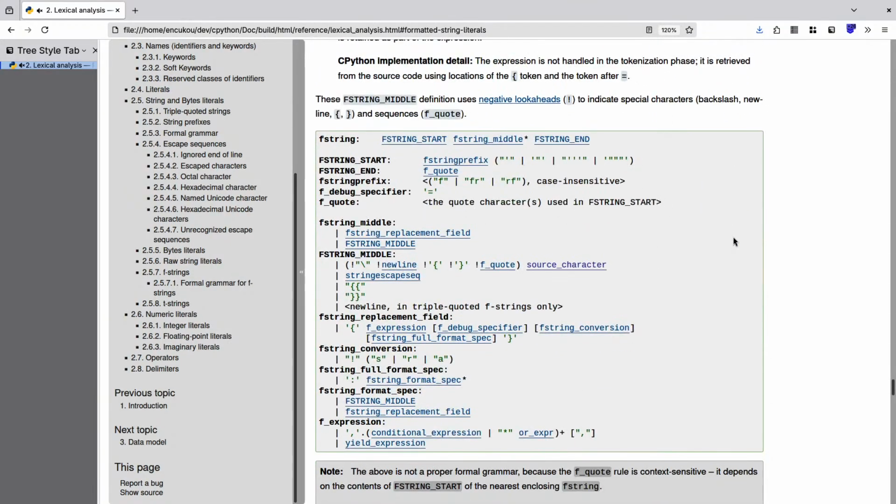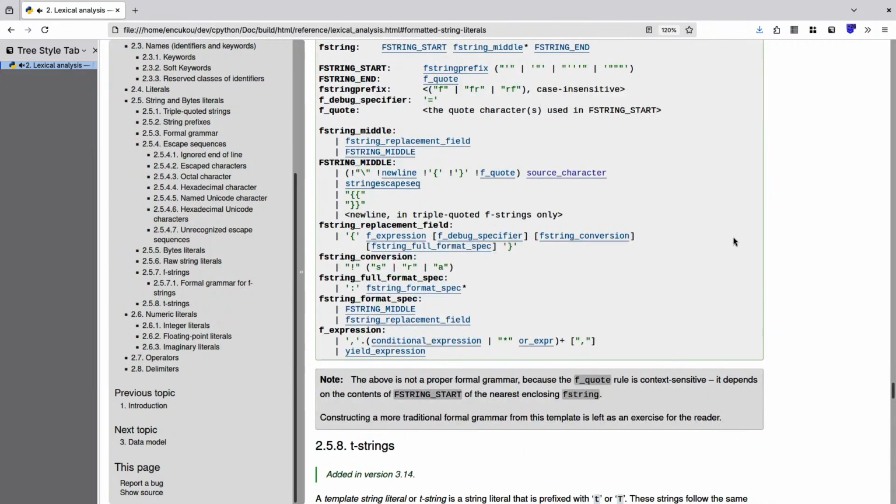how readable is this? I guess the f-string middle rule is also context sensitive because of this.